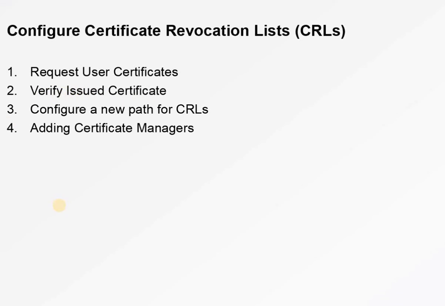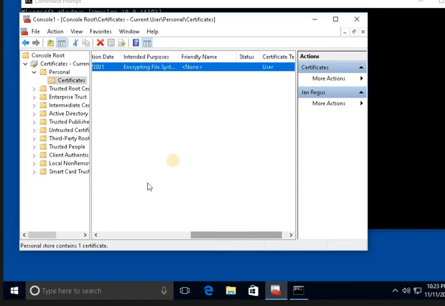verify issued certificate. Remember that during the certificate enrollment, you configured the Windows 10 computer to enroll with a domain member server. You remember I cleared the domain controller, I only left the domain member server, right?